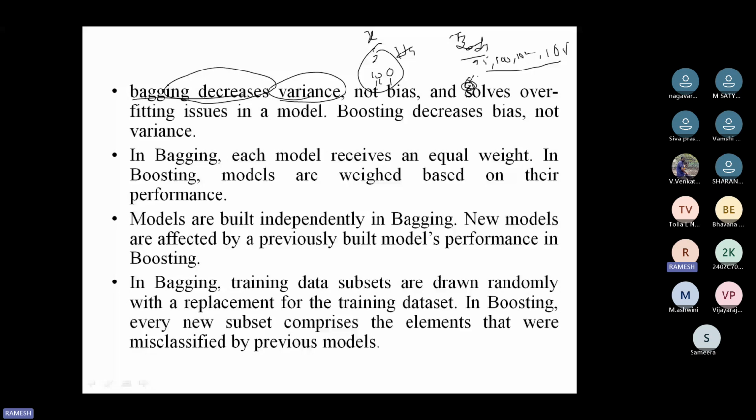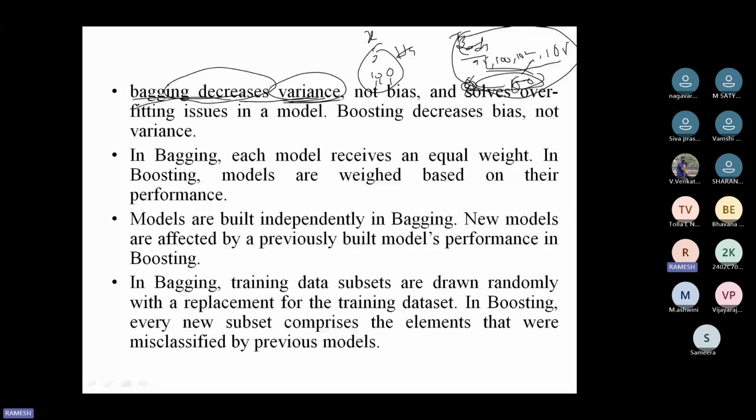Somebody says 1000. This does not fit the actual data; 0 and 1000 will not fit body temperature. That is called high variance data. When you have this type of data, the bagging approach can decrease it and provide a best-fit model.